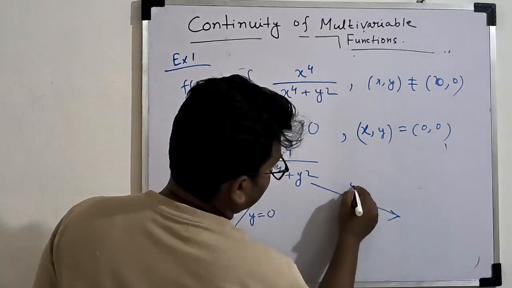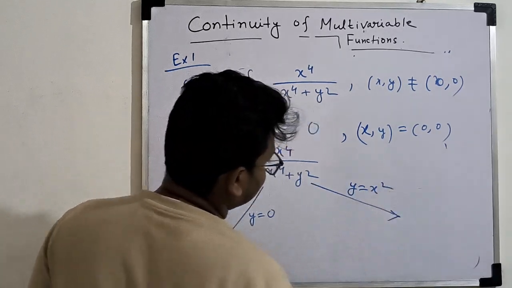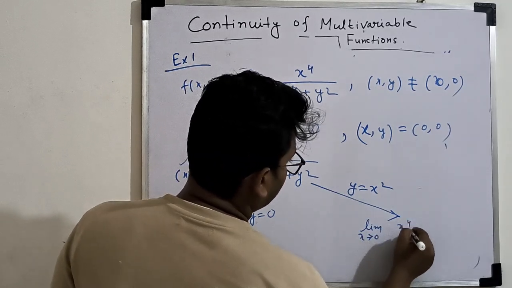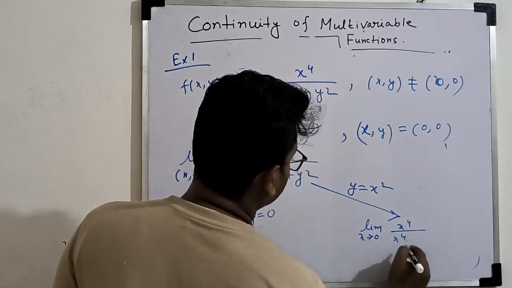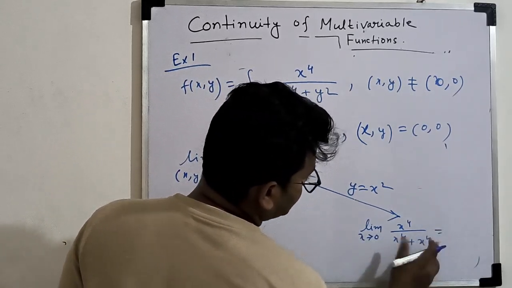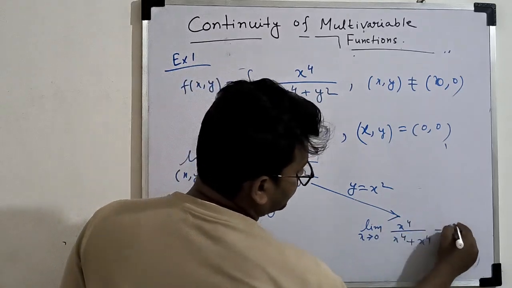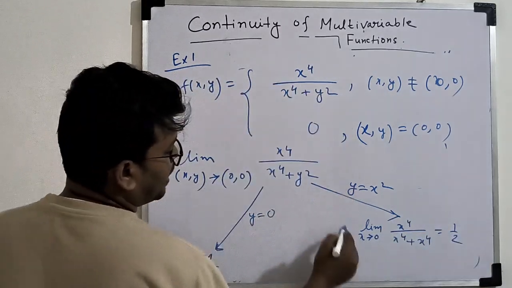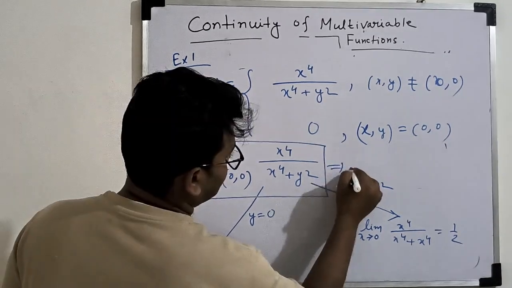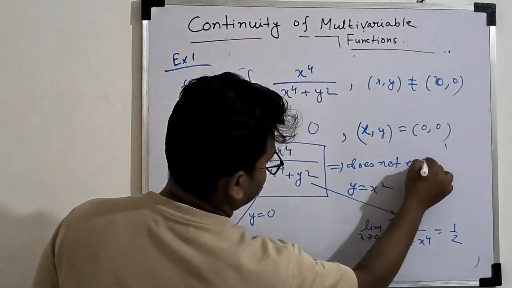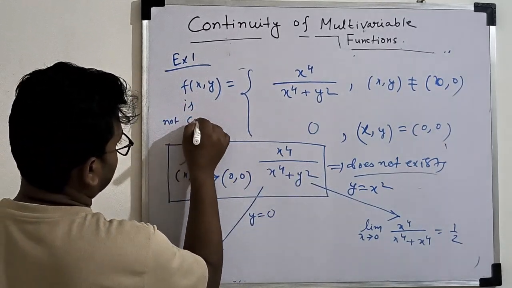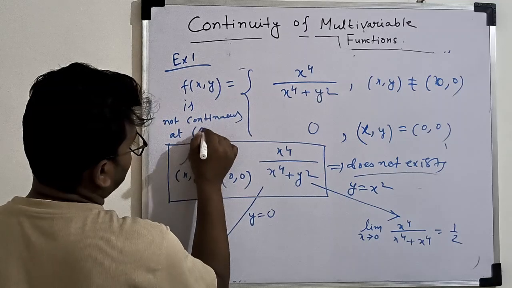And if we take the path y equal to x square, then we get the limit as x tends to 0 of x to the power 4 divided by x to the power 4 plus y square, that is x to the power 4. So we get x to the power 4 over 2x to the power 4, so we get half. So for two different paths we get two different values. So from this we can say this limit does not exist, and so this f of xy is not continuous at x0, y0, that is 0, 0.